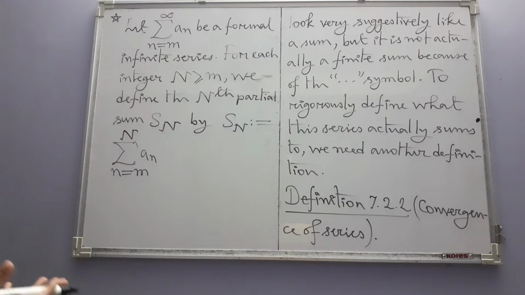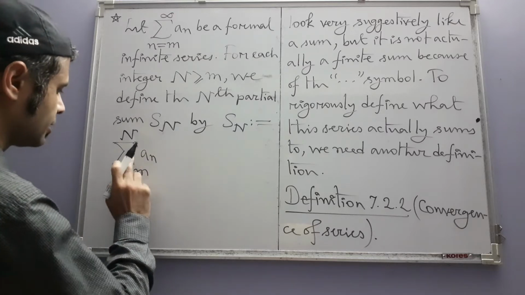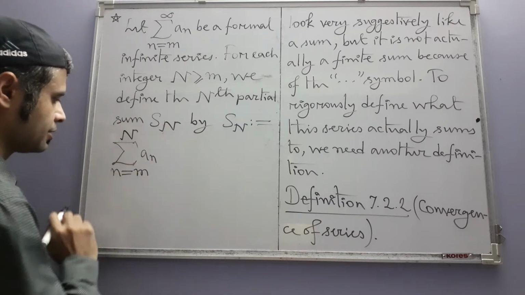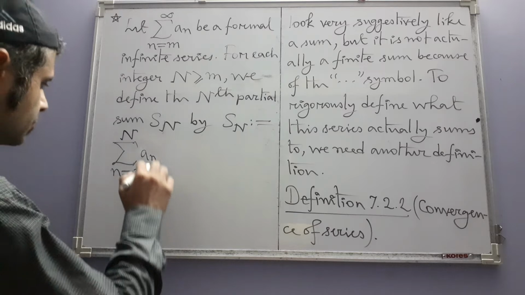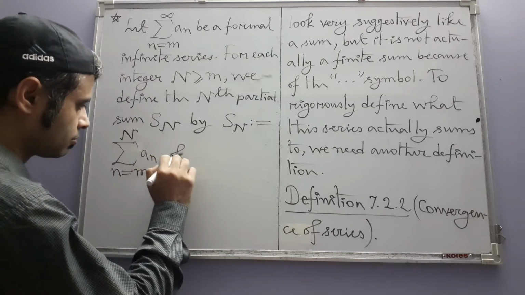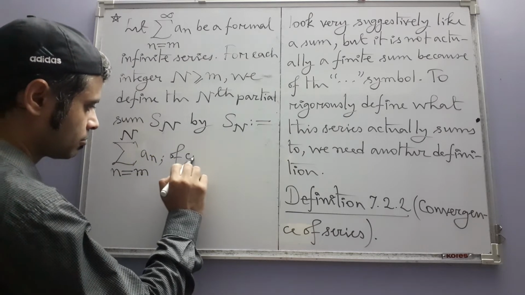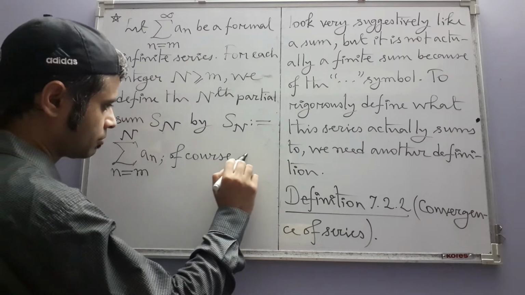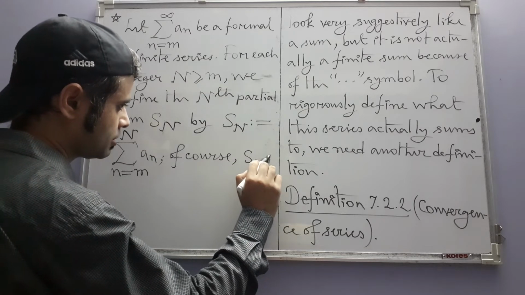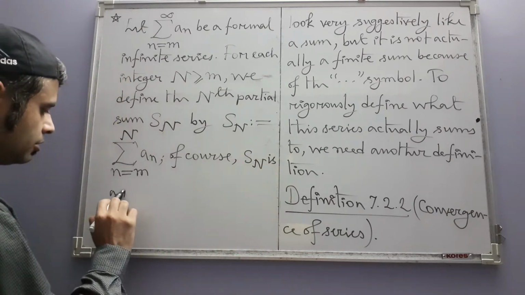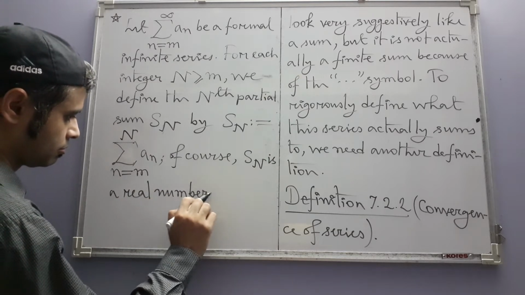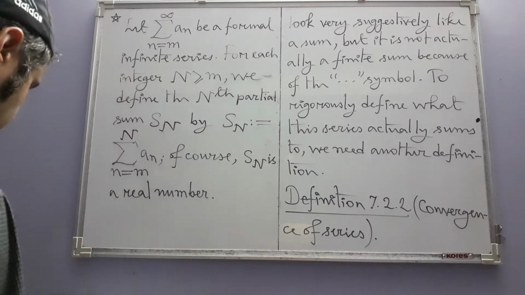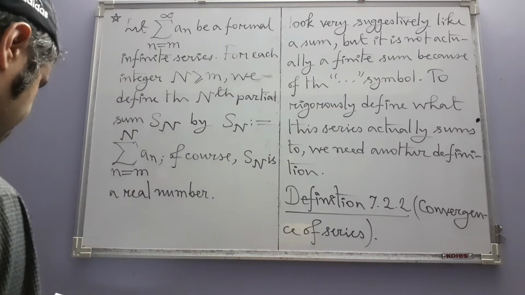Sn means this finite series. And we already know what a finite series is. That's why we had that previous section. So that is our finite series. Of course, Sn is a real number. That is, of course, something obvious.